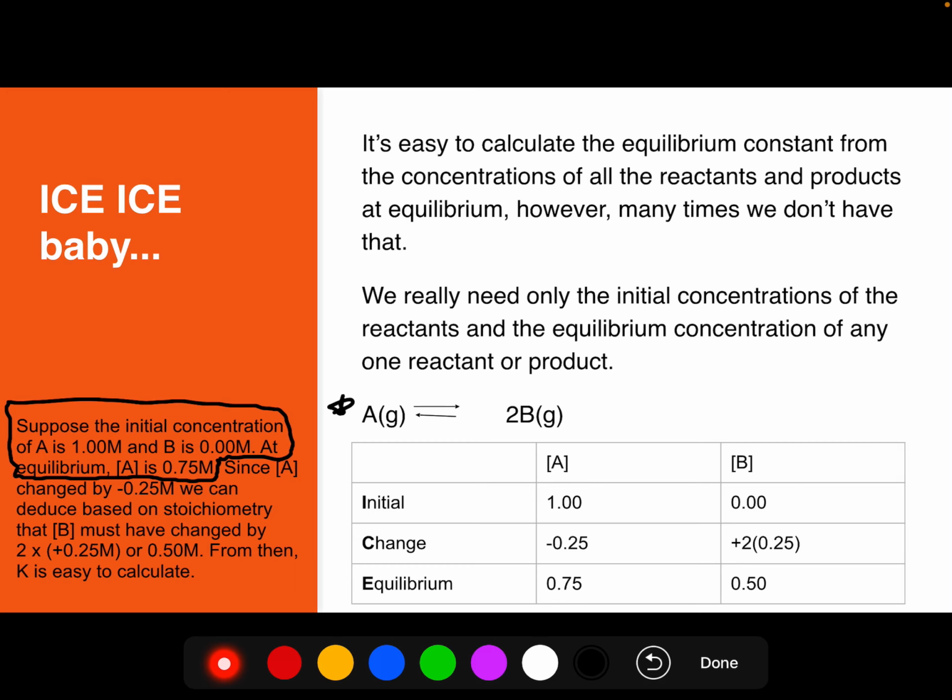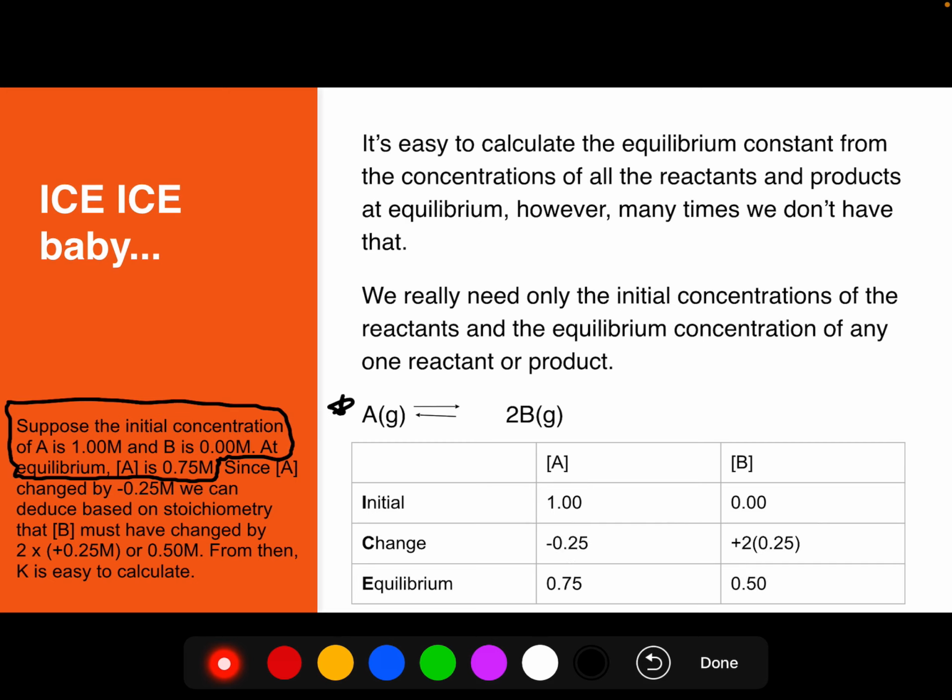And then it says at equilibrium, the concentration of A is 0.75. So I plug that in. Okay, so these numbers, we don't have them yet. That's unknown to us. So our table would look like that.